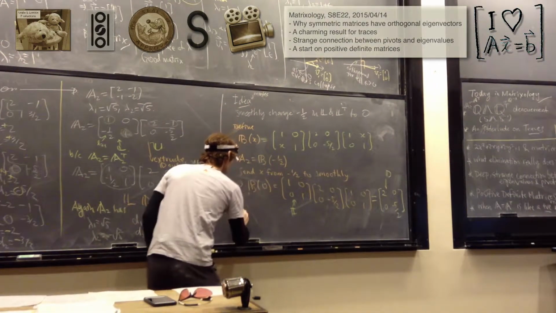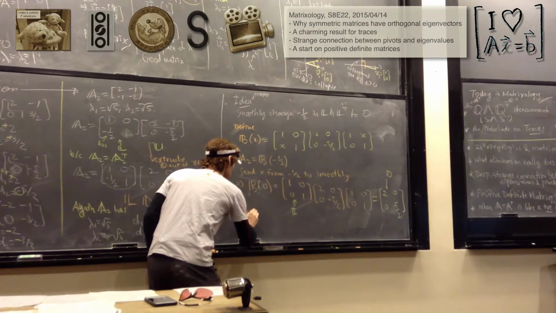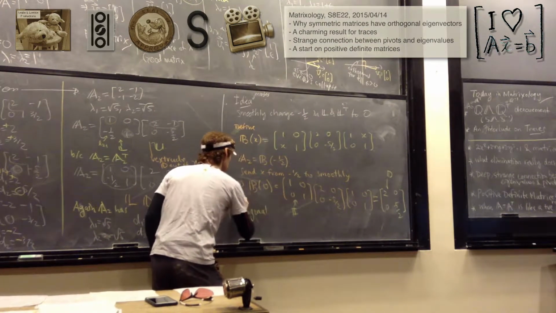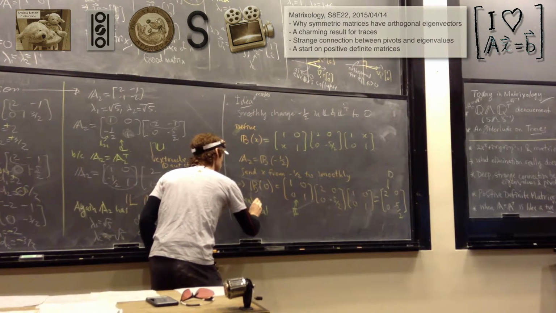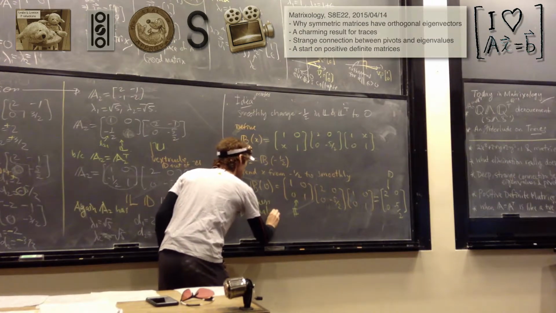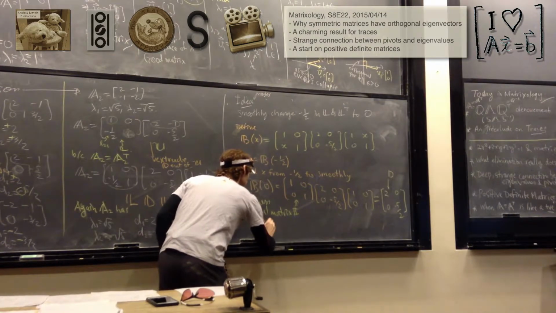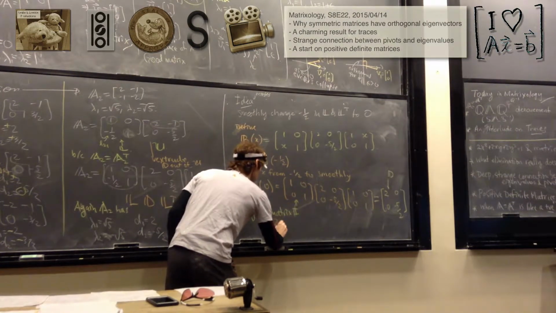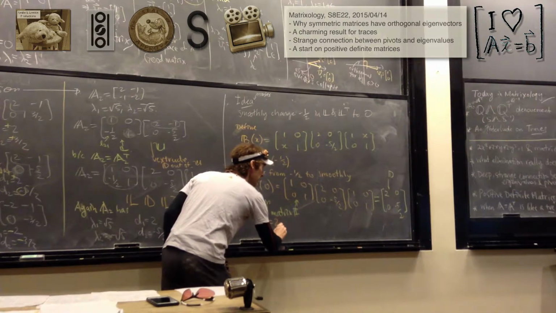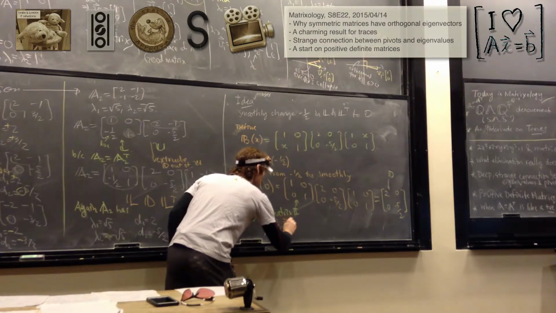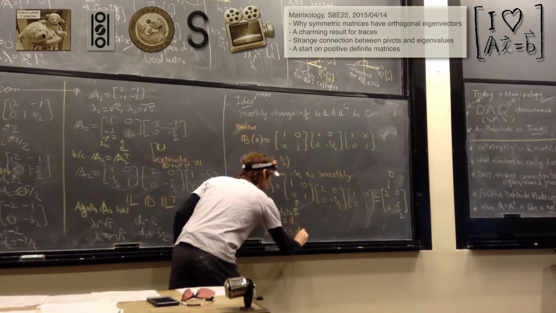Okay, so diagonal matrix sneakiness. Diagonal matrix means that we have lambda 1 equals 2, lambda 2 equals minus 5 halves, and that equals the first pivot, and it equals the second pivot.